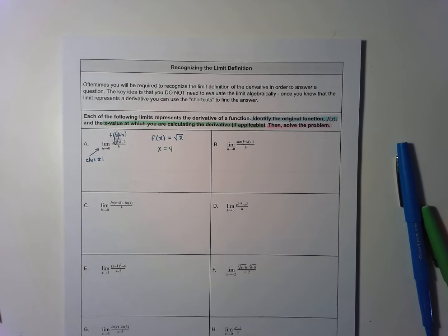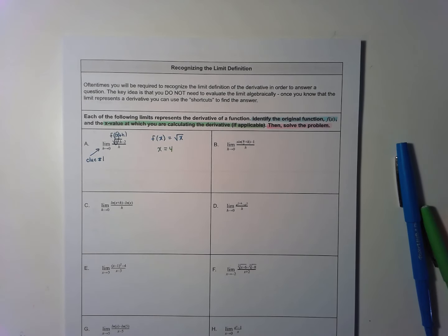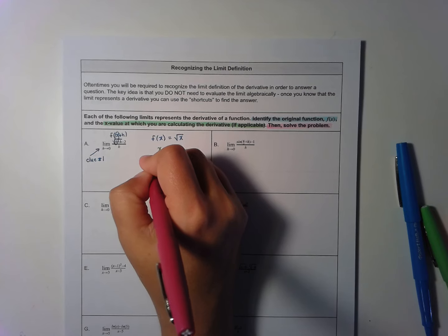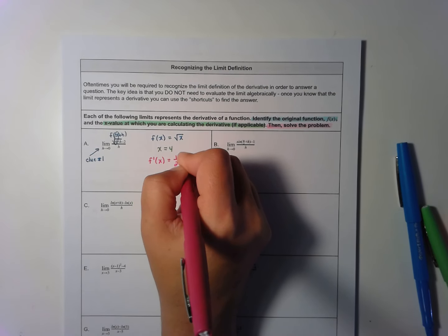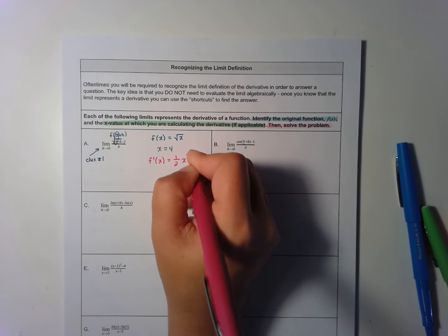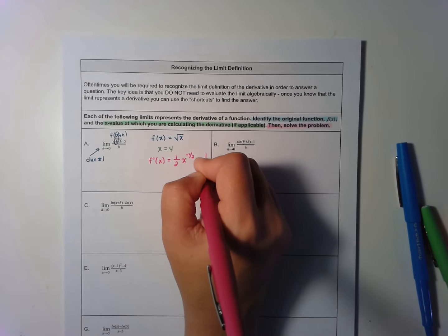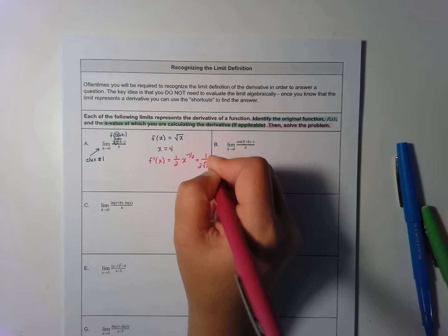Now, I can actually do this problem using shortcuts. I don't need to evaluate the limit. If you try to plug in 0, you're going to find you get 0 over 0. There's nothing to factor. It doesn't work. So instead, I would take the derivative using my shortcuts, which is going to be 1/2 x to the negative 1/2, or in other words, 1 over 2 times the square root of x.